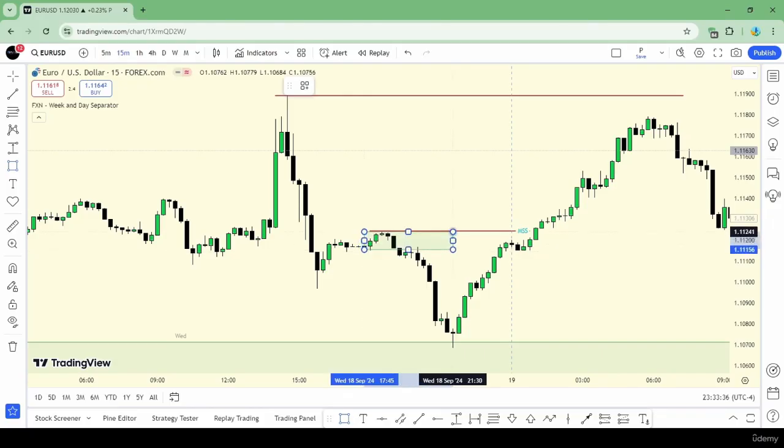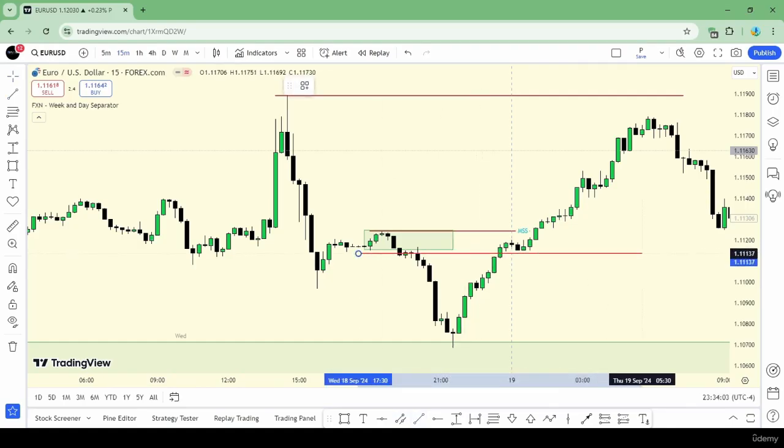But when you get a scenario in which it is one, you outline that one. The reason I'm not outlining even this one is because, as you can see here, we got a down close candle, then we form this up close one. So we are not interested in these ones, but we are interested in this one, and here is where our stop loss should be, here below this low.